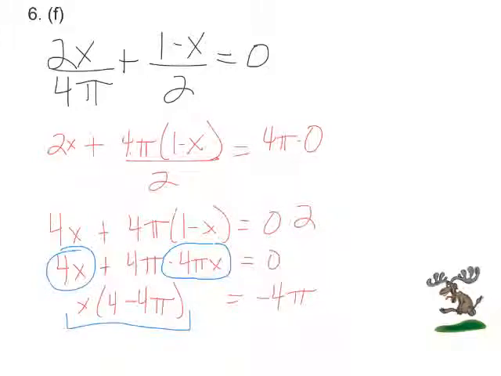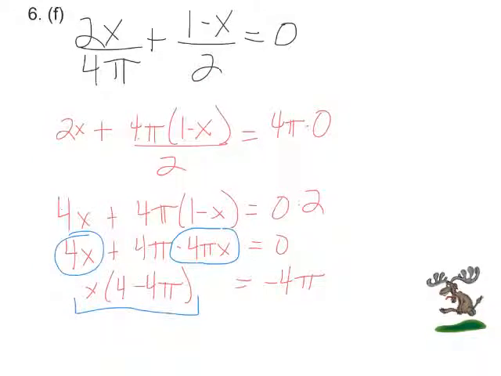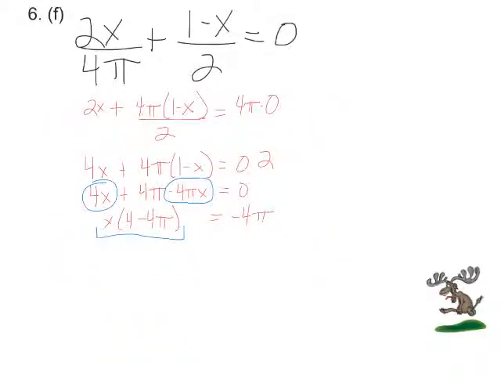And then from there we can divide by 4 minus 4 pi across. So x equals negative 4 pi over 4 minus 4 pi. If I factored a 4 out of the top and bottom, I would find that this is equal to negative pi over 1 minus pi.